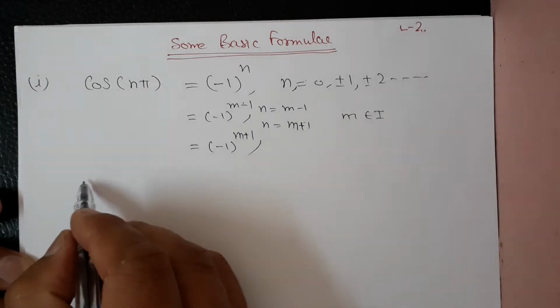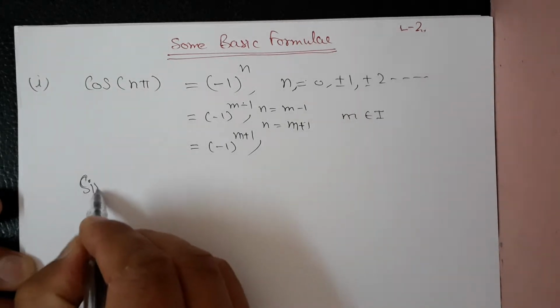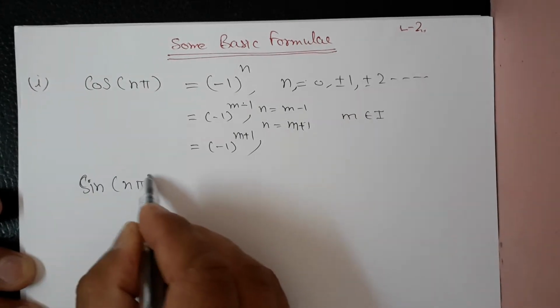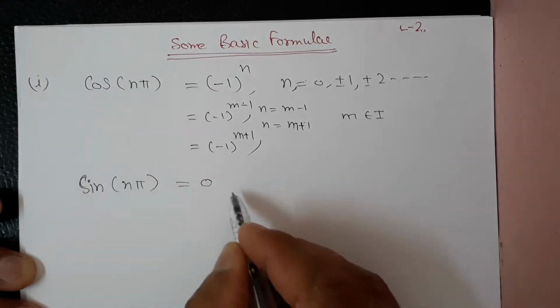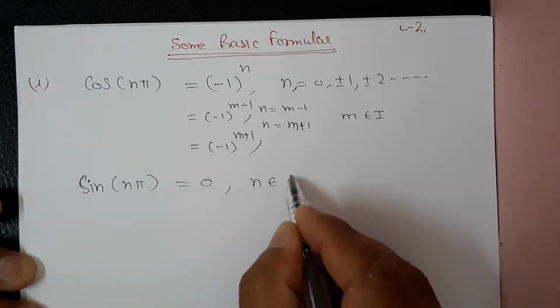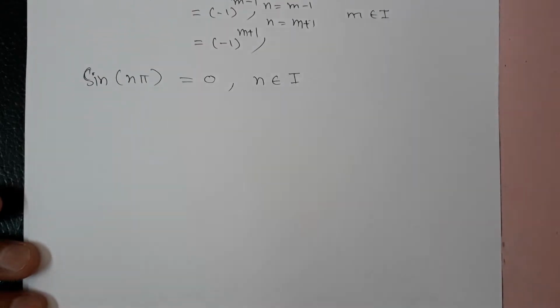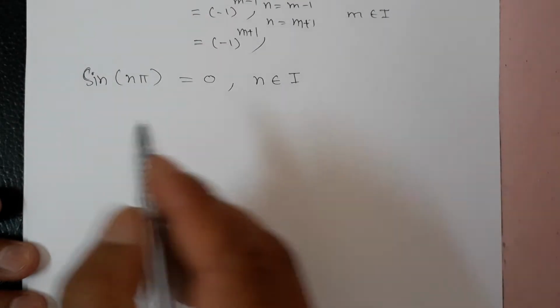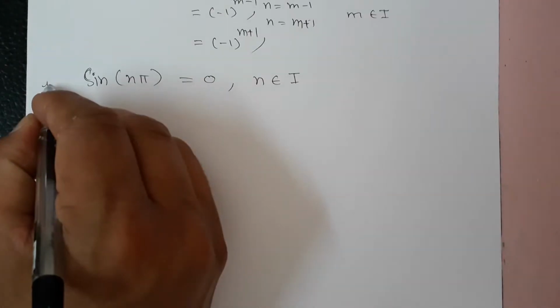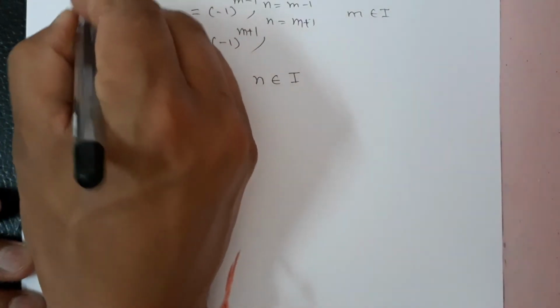Then we have sin n pi. So sin n pi is always 0 when n belongs to integers. Also we have one more, part c.